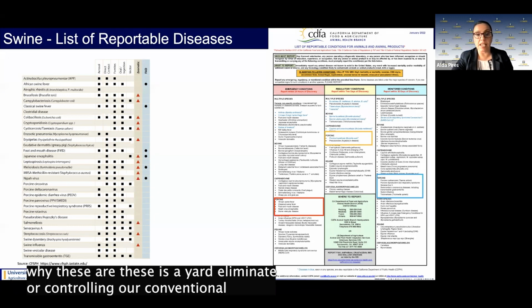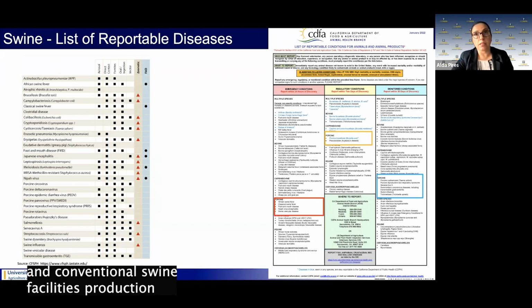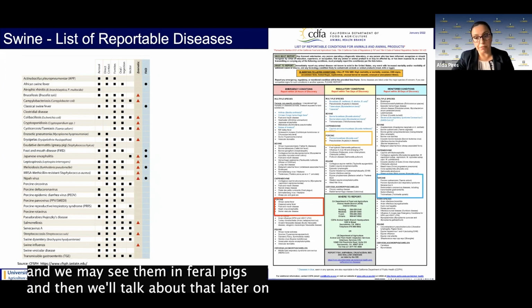These are diseases that are eliminated or controlled in our conventional swine production facilities, and we might see them in feral pigs, which I will talk about later on.